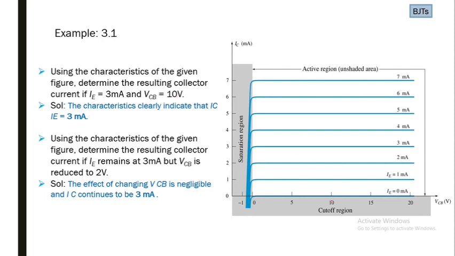So we have VCB equal to 10 volt and IE equal to 3 milliampere. We are in this region. For this we need to find the collector current IC. We can easily determine that the collector current IC is equal to 3 milliampere.